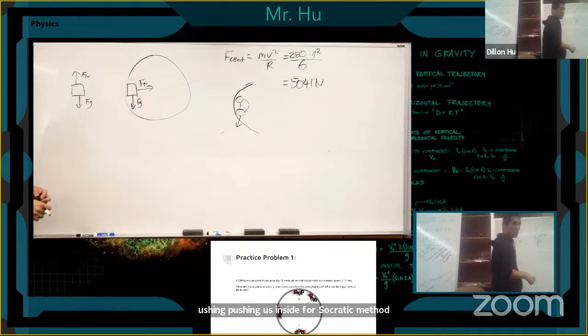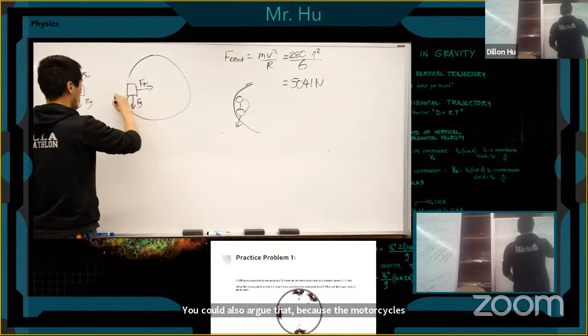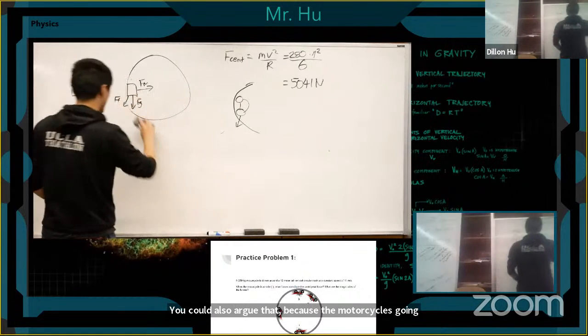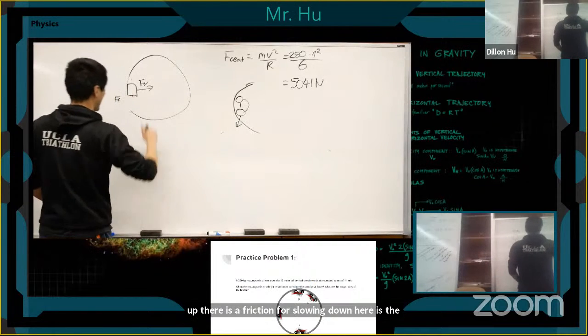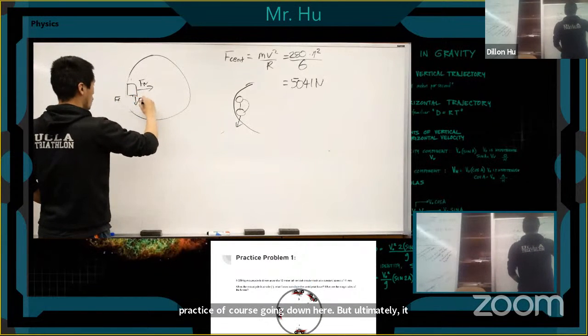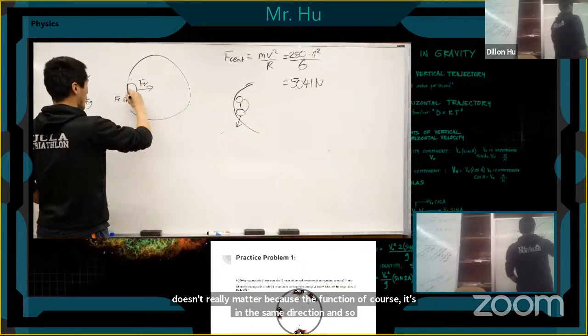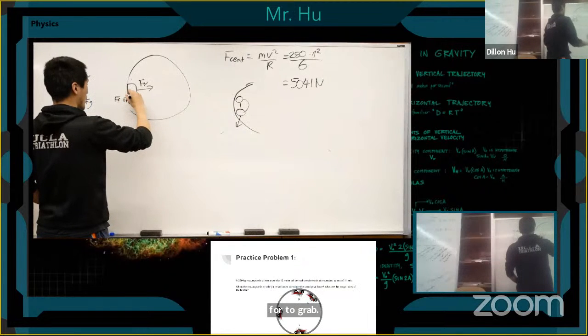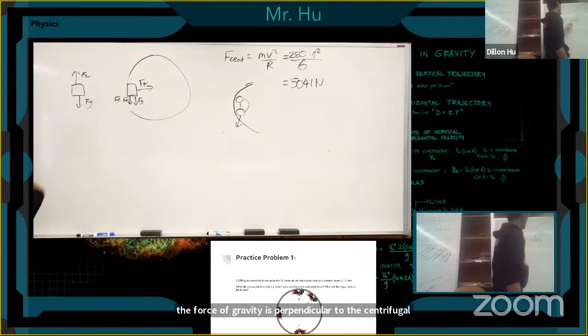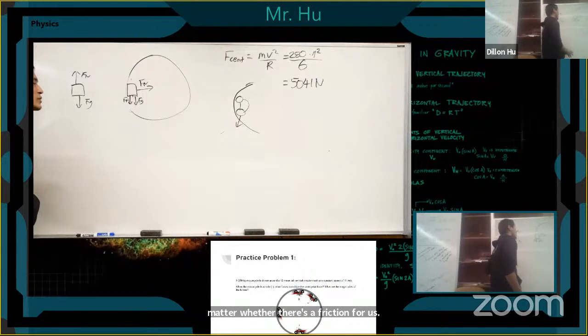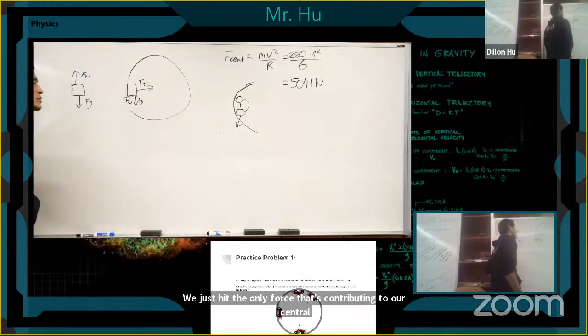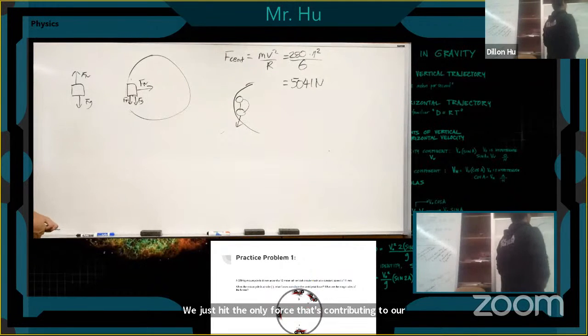You could also argue that because the motorcycle is going up, there is a friction force going down here. But ultimately it doesn't really matter, because the friction force is in the same direction as the force of gravity. It's perpendicular to the centripetal force, so it's not helping us at all. So it doesn't matter whether or not there's a friction force. The only force that's contributing to our centripetal force is our normal force.